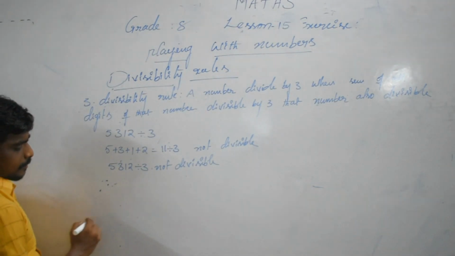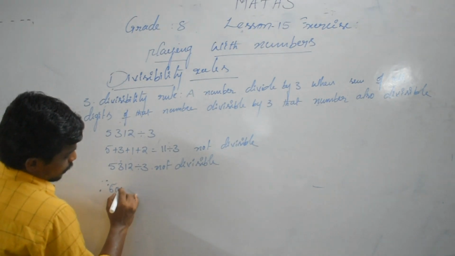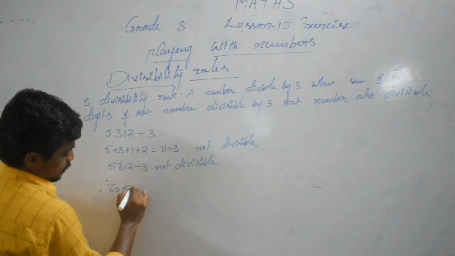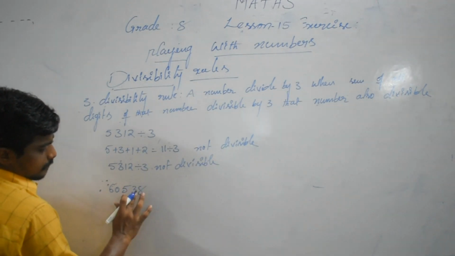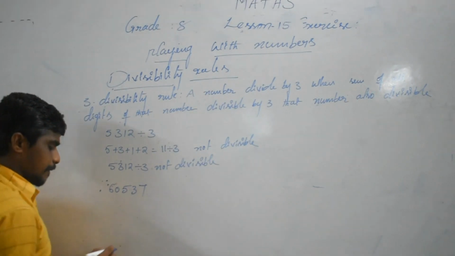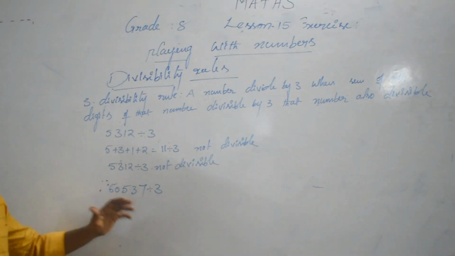Next, another example: 60,537 divided by 3. Is it divisible or not?